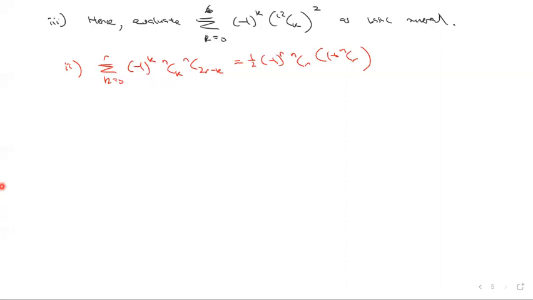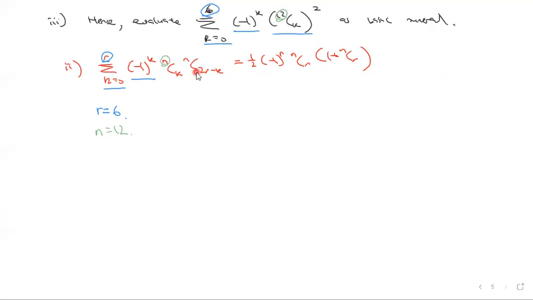k equals 0, excellent. This is 6, that suggests r is 6. -1 to the k, excellent. 12Ck squared, well, if r is 6, then this suggests that your n is 12. So you've got n is 12. Now, if r is 6, then you've got 12.